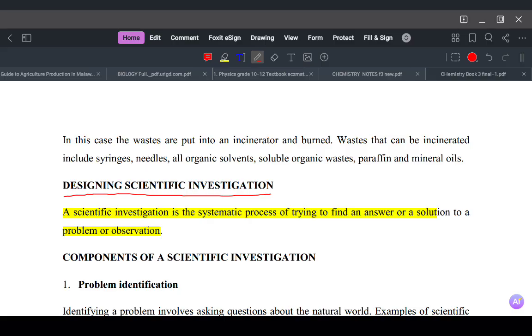Since we are saying that the process is systematic, it means that there are steps to be followed. Because there are steps to be followed, the process is considered to be a systematic process.